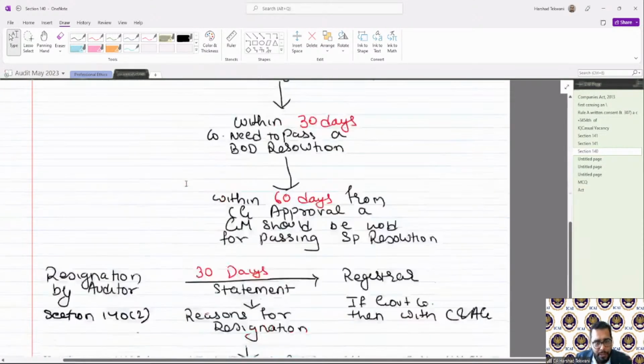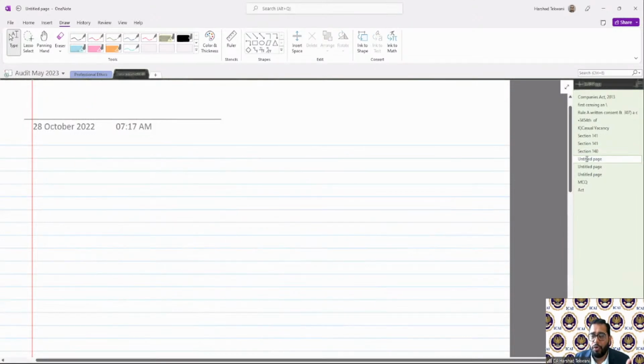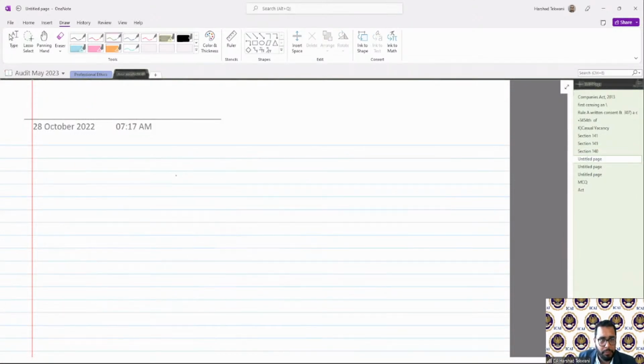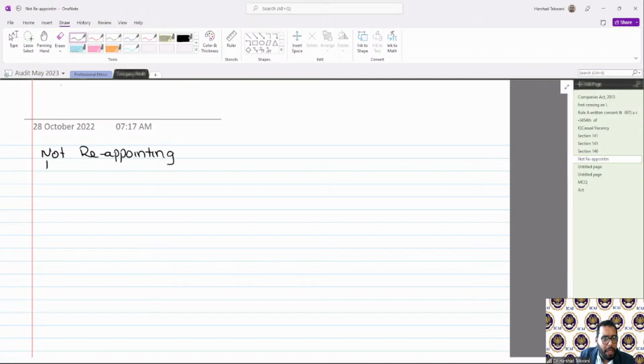Okay. Now this was with respect to the removal and resignation. Now the next part is if you do not wish to reappoint the retiring auditor.